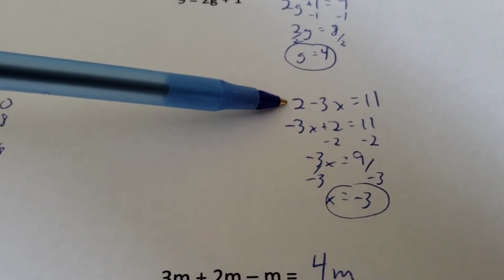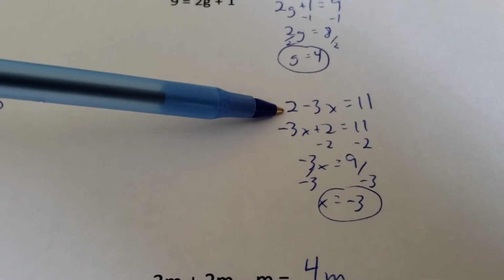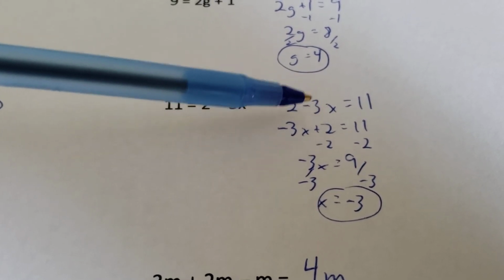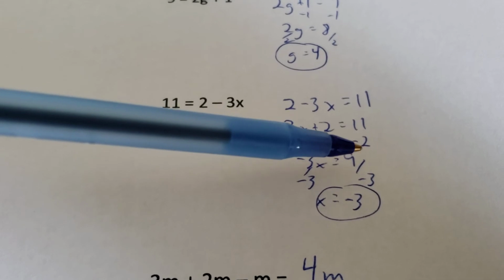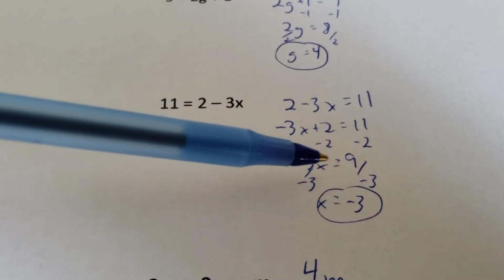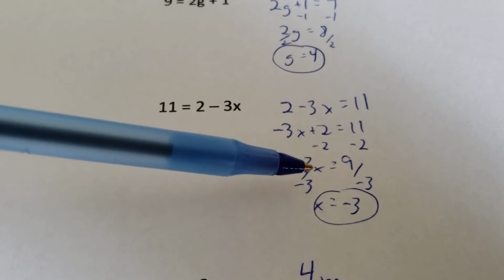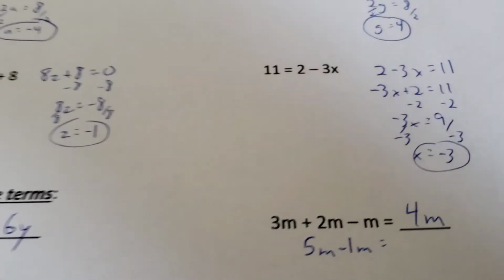There's nothing to do with that 2 that would make that negative. So that's just a positive 2, so I put a plus 2 down. So the minus or negative sign stayed with that 3x. So I got negative 3x plus 2 equals 11. Take away 2 from each side, you get negative 3x equals 9. And divide each side by a negative 3. Make sure if that's a negative 3 times x, you divide by a negative 3. And your final answer should be negative 3 here.